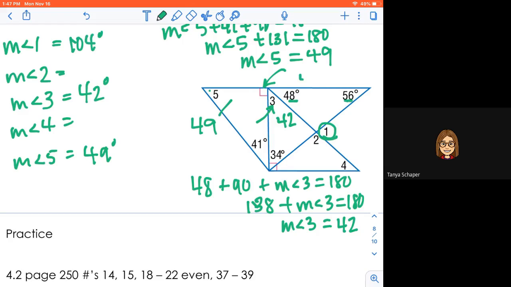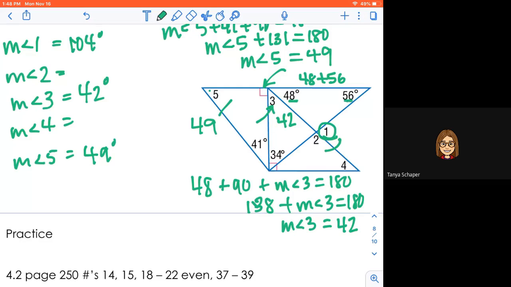Okay, so I'm going to take 48 plus 56. I know that 1 and 2 are supplementary because they're a linear pair, and the supplements theorem says that they equal 180. I want to make sure I'm justifying every step of the way and utilizing some of that vocabulary from the year. We can't just say it looks like. We have to give proof for everything we're doing.